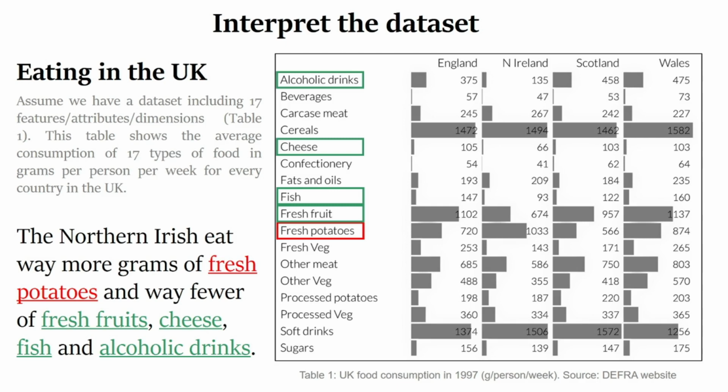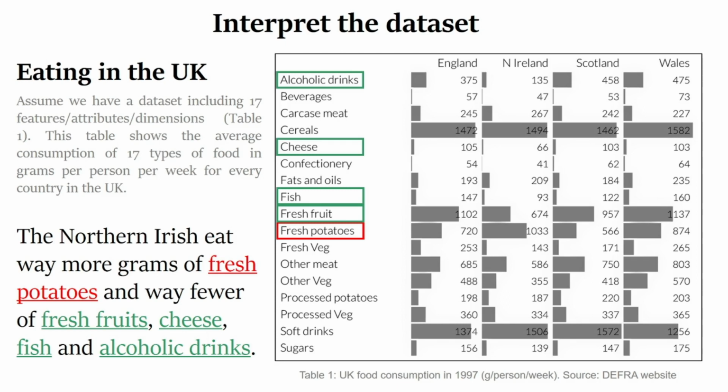For fresh fruit, perhaps they don't like it, 674 compared to 1,900, 1,000 in other countries, etc. So by looking at these numbers, we can identify some patterns or rules which allow us to differentiate, cluster or group these 4 countries.